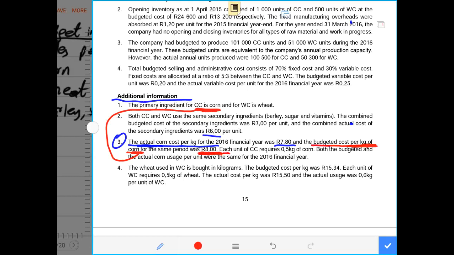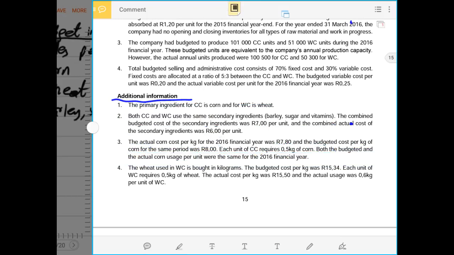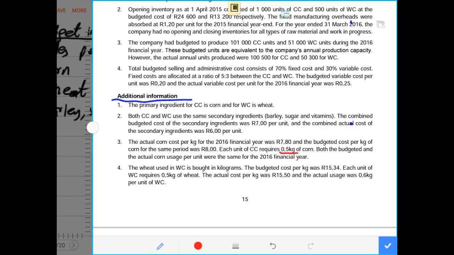And it says each unit of CC requires 0.5 kgs of corn. And it says both the budgeted and the actual corn usage, meaning the kgs, this is the usage per unit. That's what they are referring to when they say the usage. Corn usage were the same as 2016, meaning whatever they budgeted was the same as actual. So now, that is the same as 0.5 per kg.